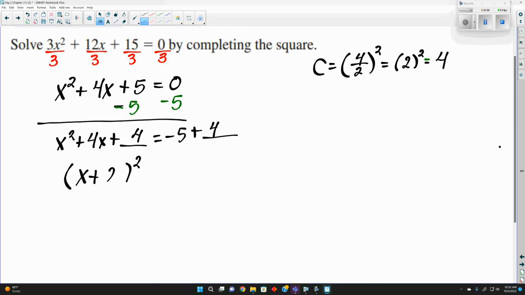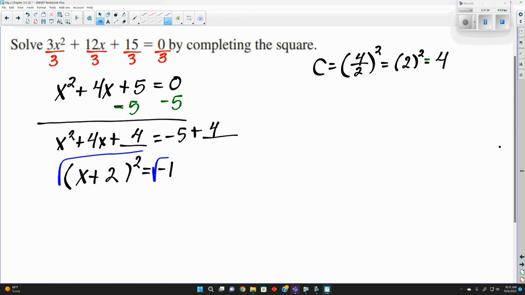X plus 2 squared. Because the number inside the parentheses before we squared it was positive 2. So it's going to give us x plus 2 squared. Now on the other side, we have negative 5 plus 4 is negative 1. What do we do next?